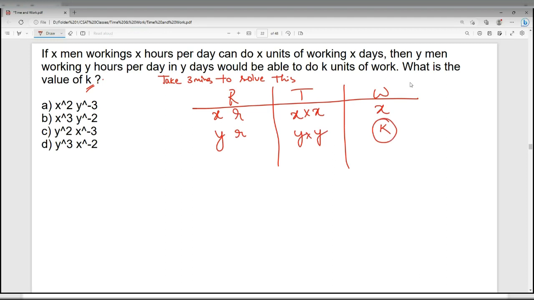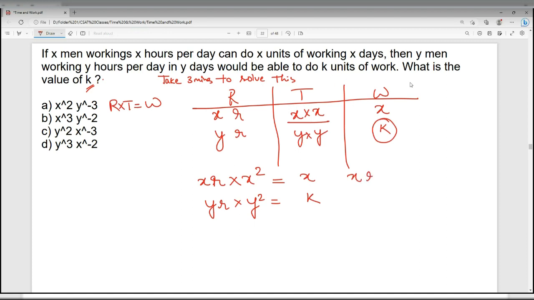So again, just like the normal formula, R into T is equal to W. We have the first equation, that is X into R into X, that is X square. This is X square, it is equal to X. And then Y into R into Y square, it is equal to K. Let's divide these two equations.